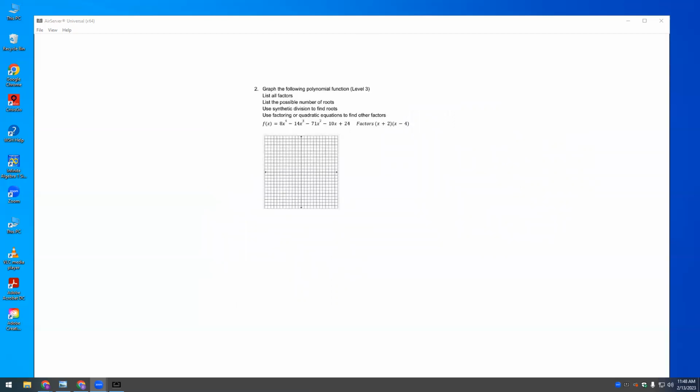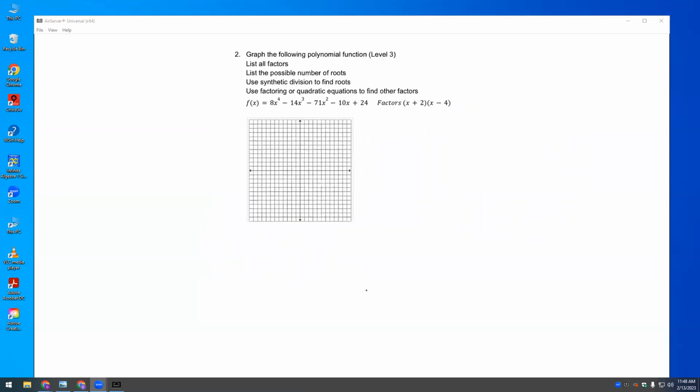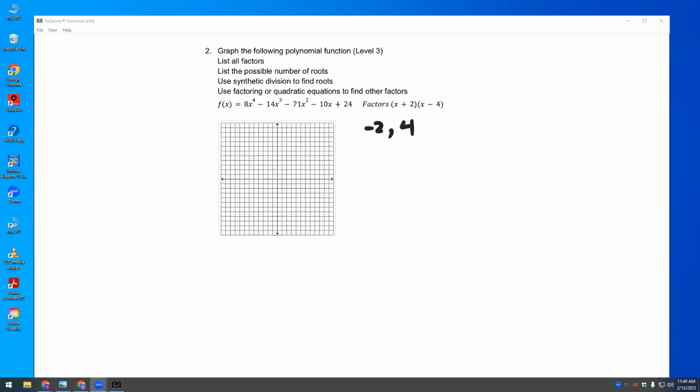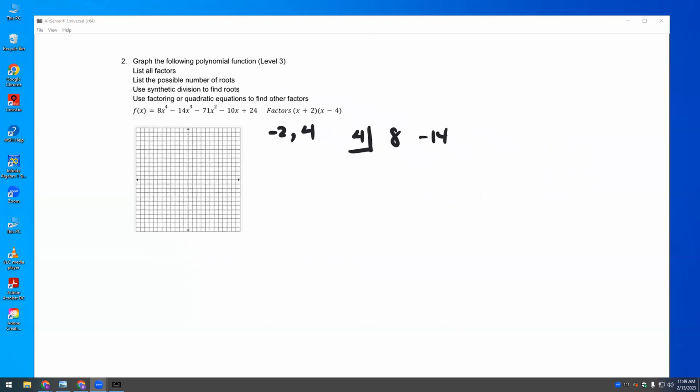Okay. All right, number 2. I list all factors. So we already have 2 of the factors, right? You have the factor of -2, and you have the factor of 4. So how do you get the other 2 factors? By using what? What's the first step? Synthetic division. So make sure again 4, and then 8, -14, -71, -10, and +24.